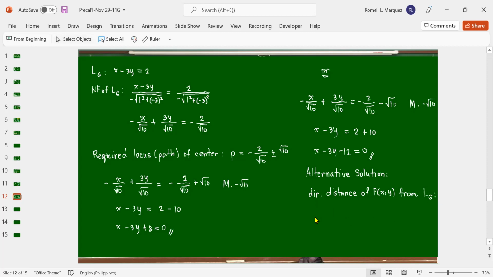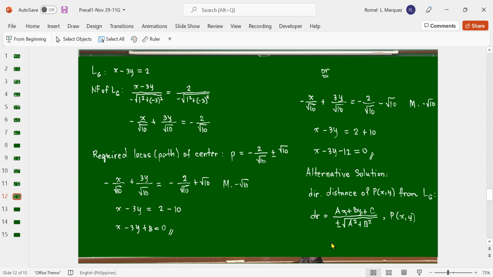So we have dr equals ax plus by plus c, so x sub 1, y sub 1 here, plus or minus square root of a squared plus b squared. Our point is xy.